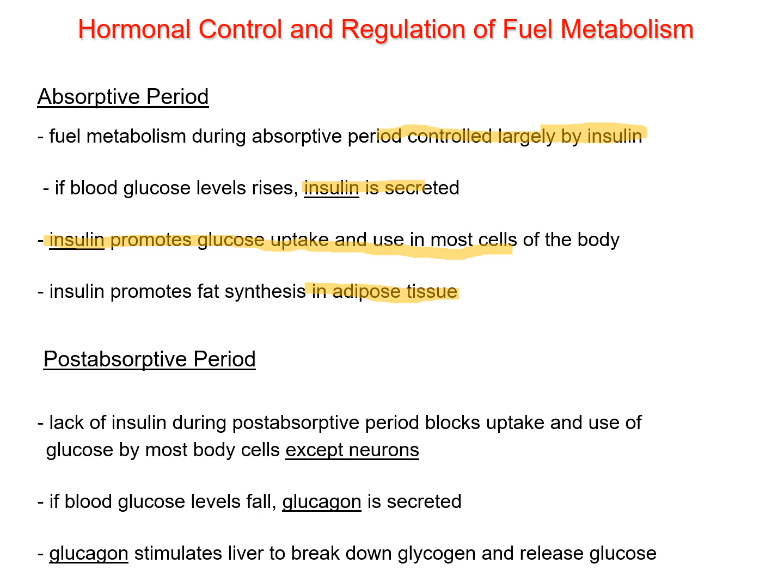In a post-absorptive period, after glucose levels have dropped, insulin production is downregulated. What you have is a low glucose level and a low insulin level, and so you don't have continuing glucose uptake.